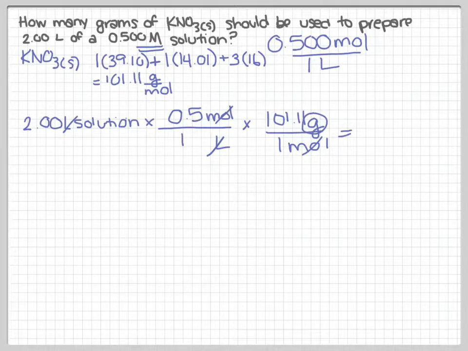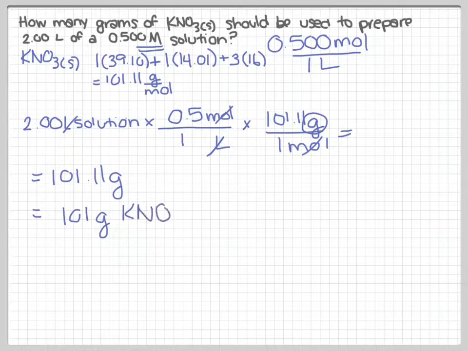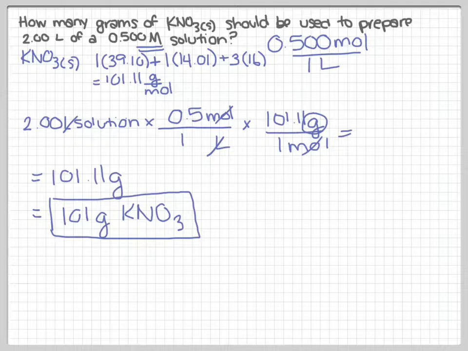So plug this into your calculator, and you should get 101.11 grams. We can round to 3 significant digits, which gives us 101 grams of potassium nitrate. When I did this problem, I looked at this answer and went, wait a minute, that's just its molar mass.